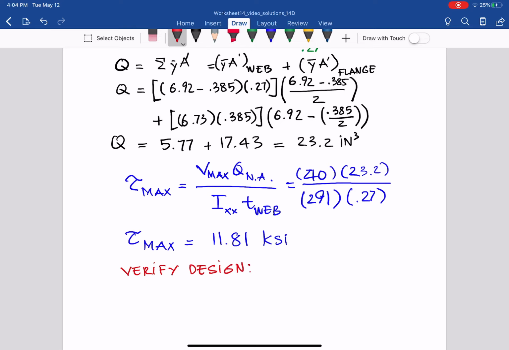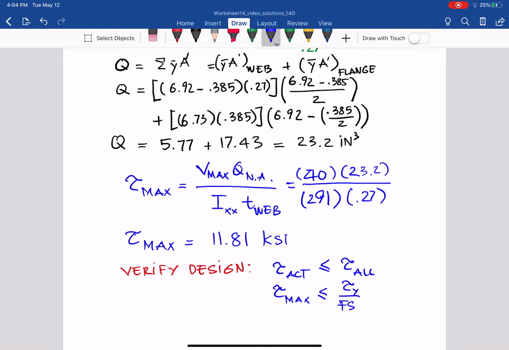We have tau actual less than or equal to tau allowable, and tau allowable is equal to tau yield divided by the factor of safety.